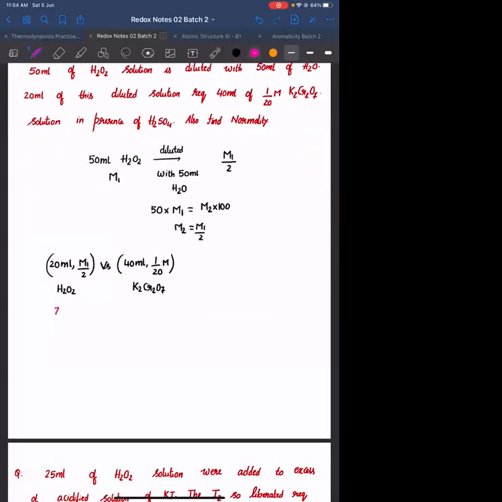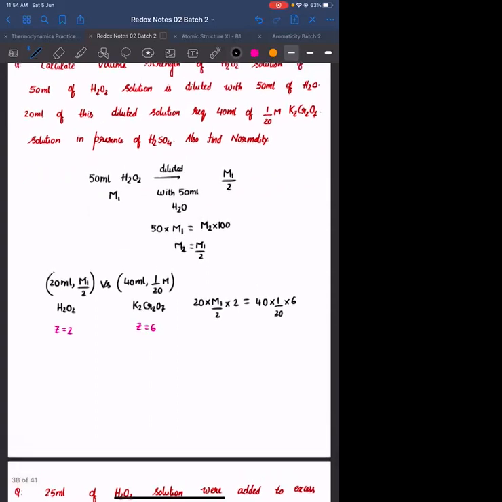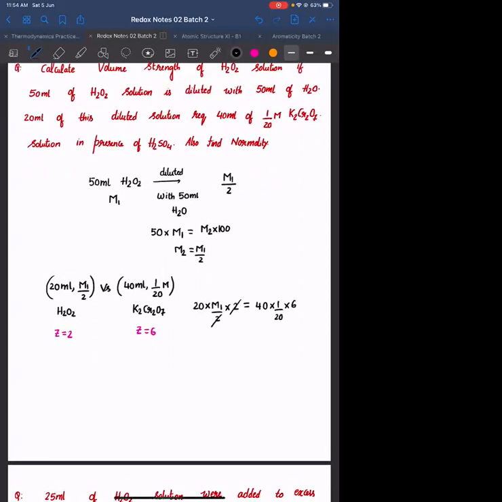For this, the Z factor of H2O2 is 2, and the Z factor of K2Cr2O7 is 6. So if I am applying the formula, 20 into M1/2 into 2 must be equal to 40 into 1/20 into 6. Agreed? Here 2 and 2 will cancel. 2 ones, 2 twos.